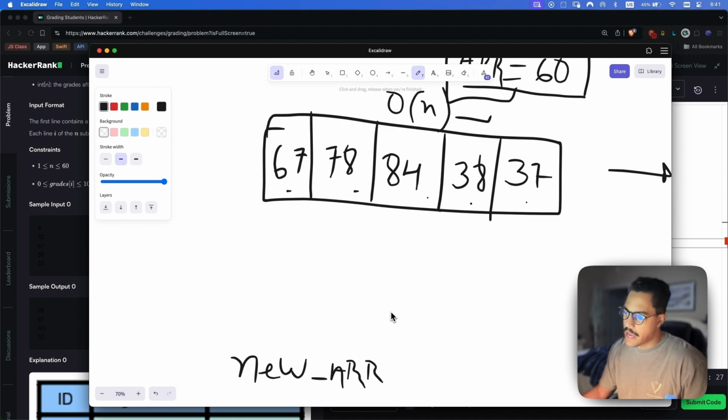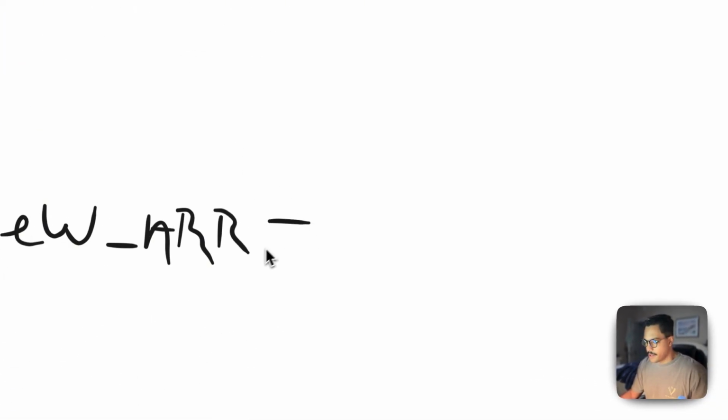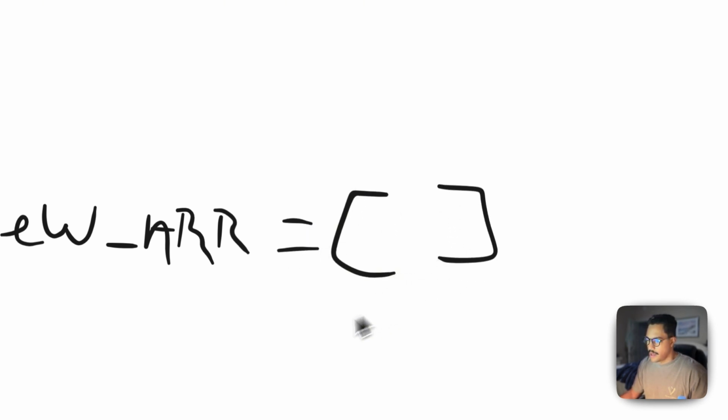It might take me some time, and I would have to Google something. So let's say I'm going to need a new array for now, where I'm going to pass all the numbers I modify.